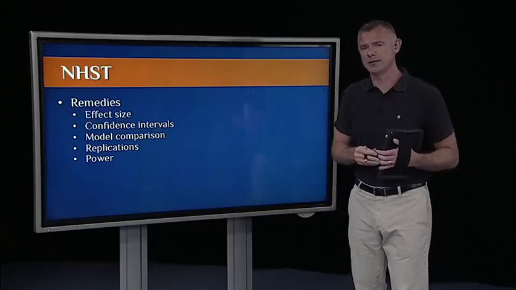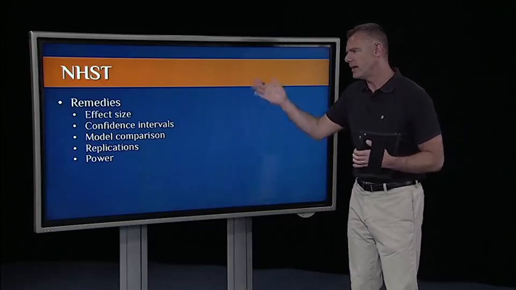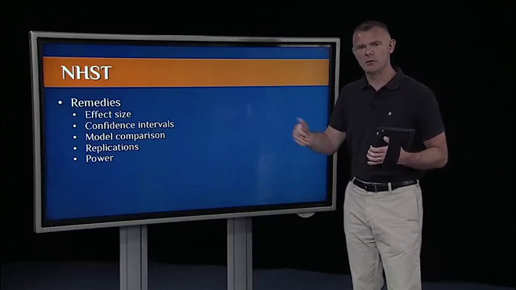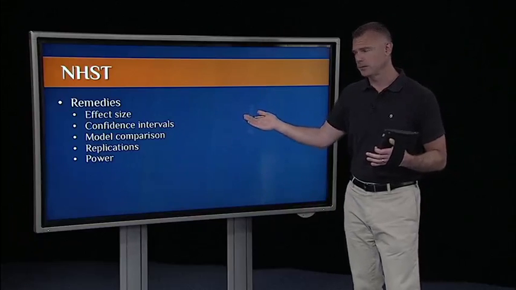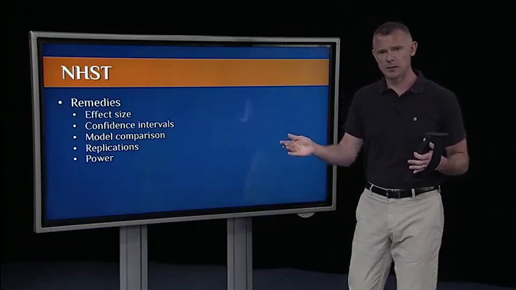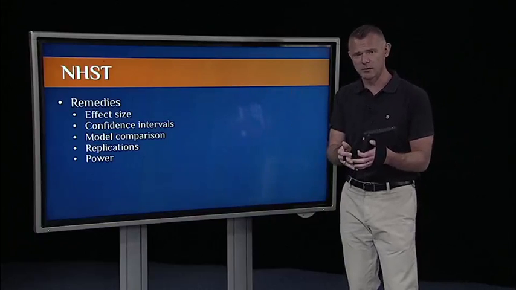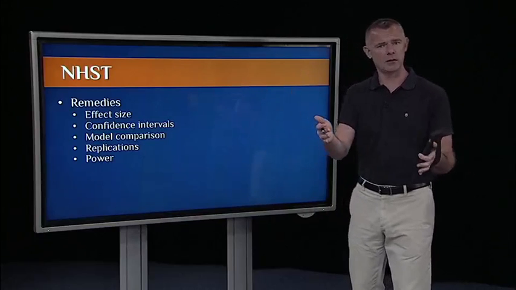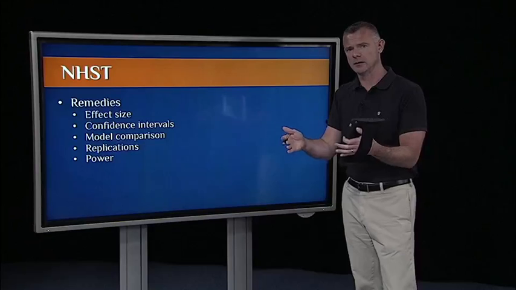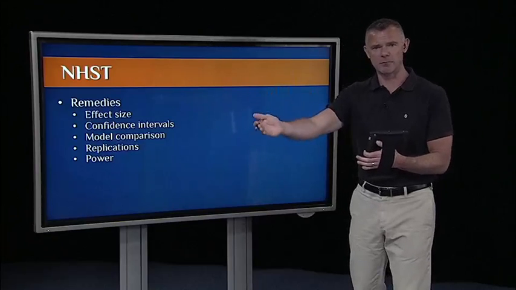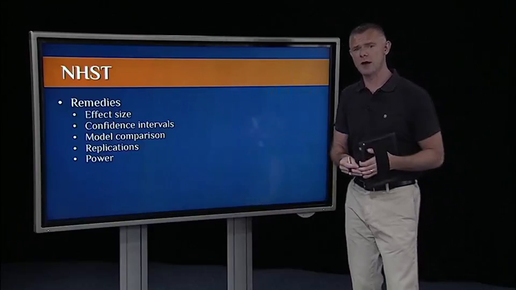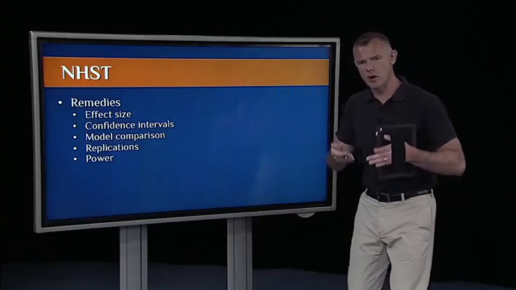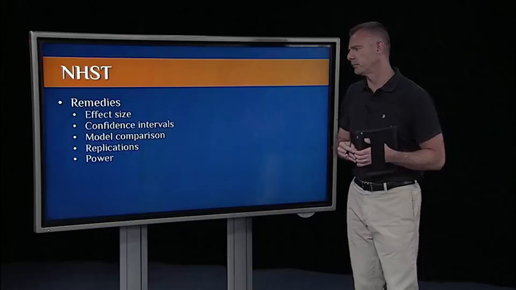By taking a course like this, you are now aware of them, and then remedy those problems with supplemental statistics, like estimates of effect size, like confidence intervals, by engaging in model comparison. So don't just compare your model to the null, compare multiple models. So theory A predicts model A, theory B predicts model B. Test those two models. That's a stronger form of hypothesis testing.